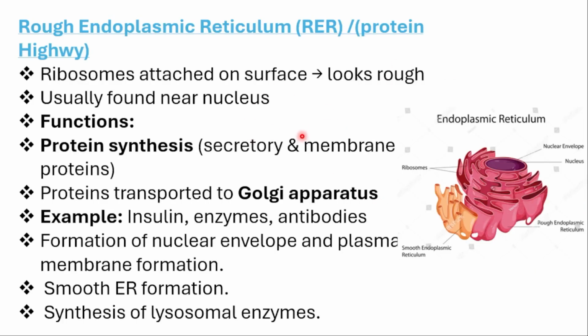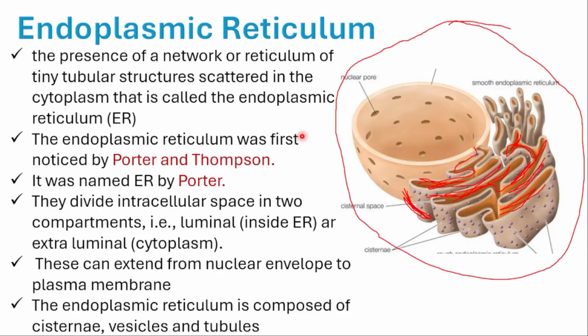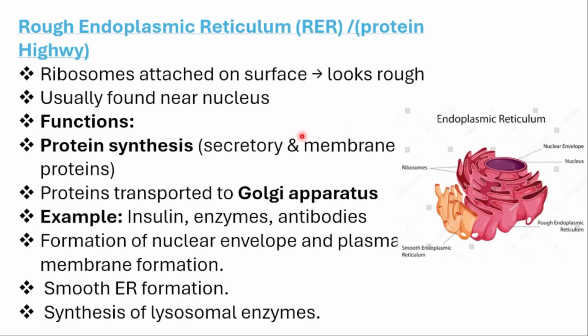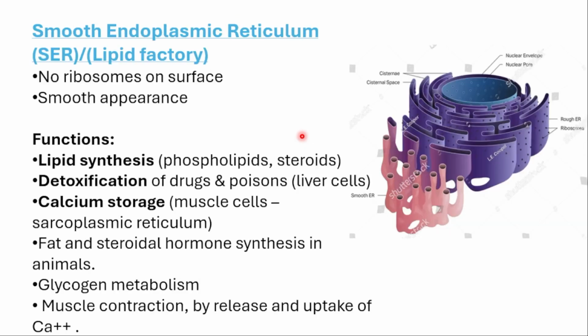There are two types of endoplasmic reticulum based on the presence and absence of ribosomes. The first is RER, that is rough endoplasmic reticulum, and the next is smooth endoplasmic reticulum.